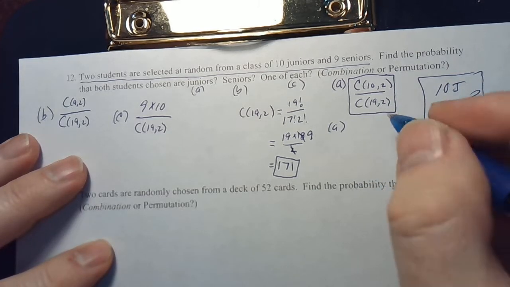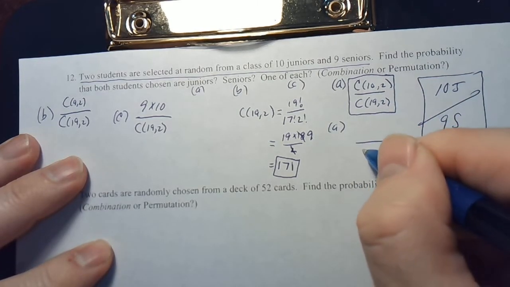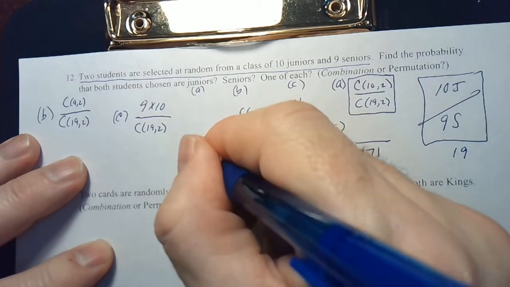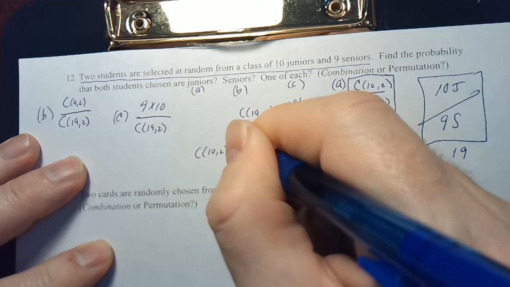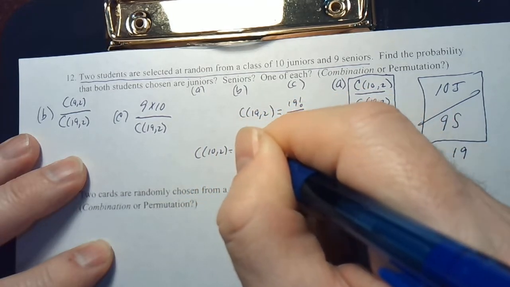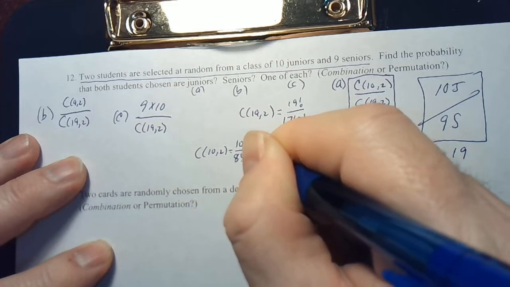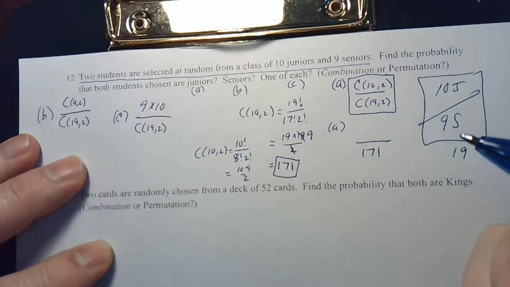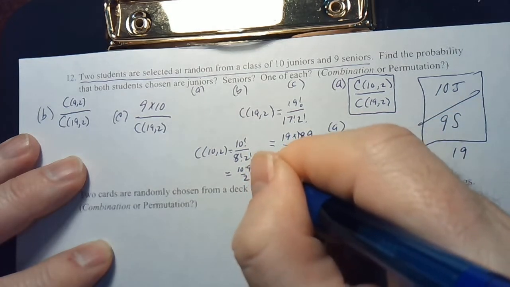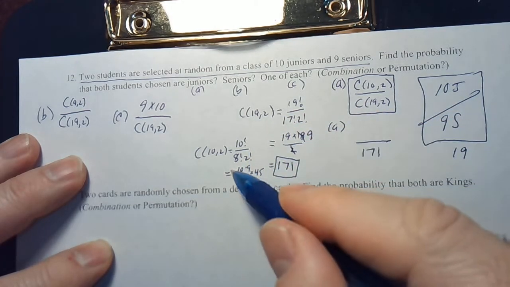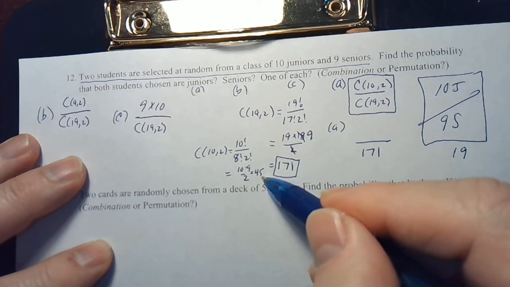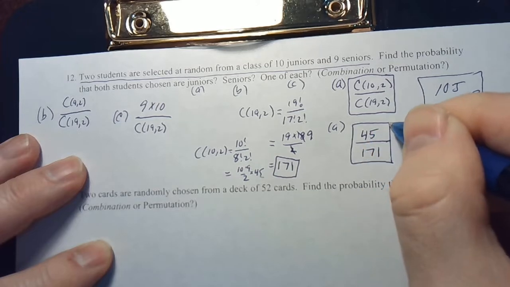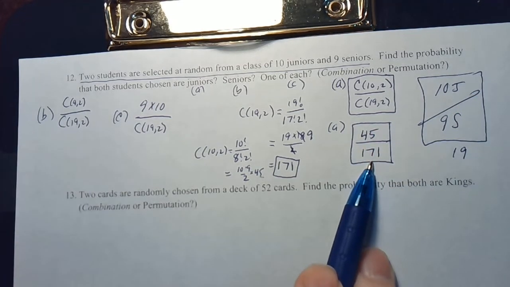So the denominator is 171. 10 choose 2, I think I've done that on the board before. That's just 10 factorial over 8 factorial times 2 factorial, which is 10 times 9 over 2, which is 90 over 2, which is 45. 10 choose 2, plug it into the formula, you'll get 45. So that's the simplified probability.